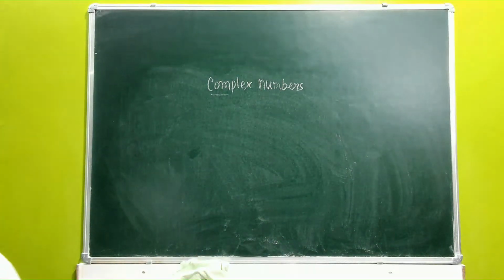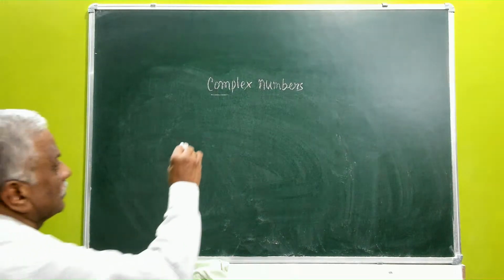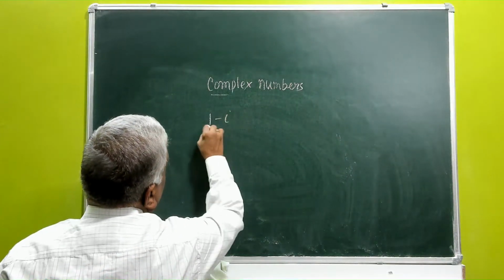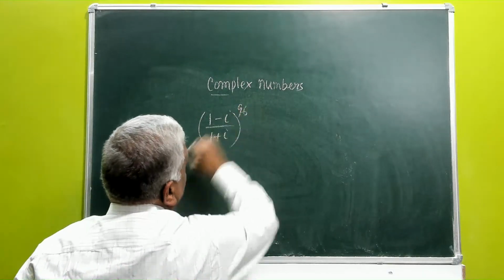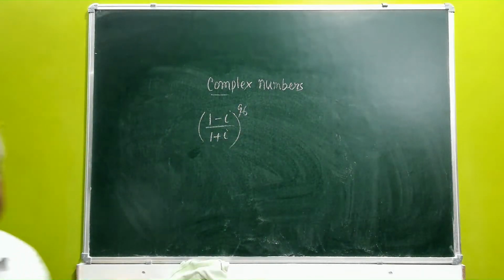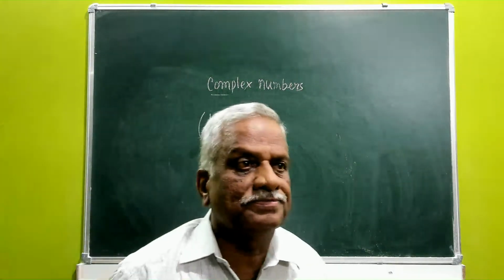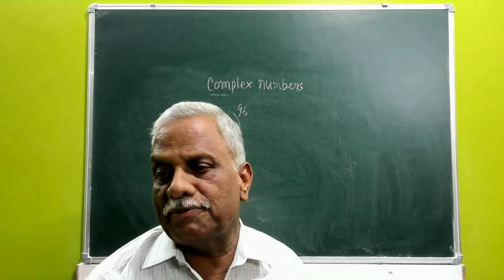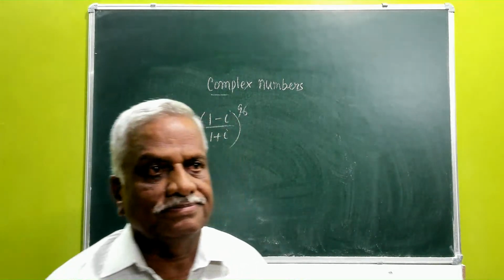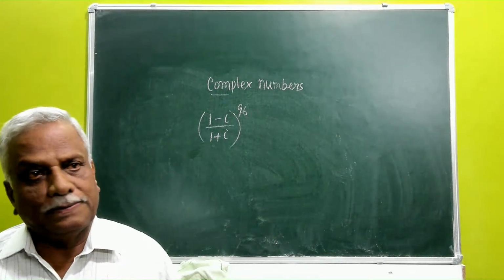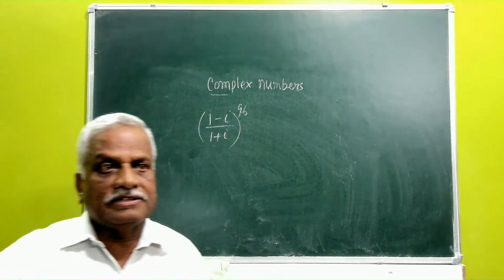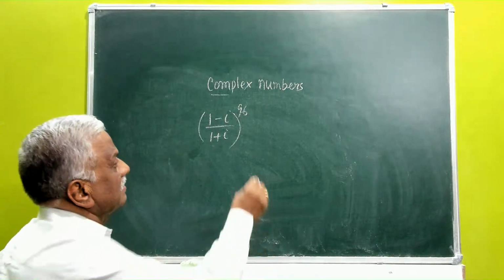In 2018, there was a problem: ((1 minus i) by (1 plus i)) to the power of 96. You can realize 96 is a multiple of 4. i to the power of any multiple of 4, the answer is going to be plus 1. Whether that is so, you have got to calculate. How to calculate this?